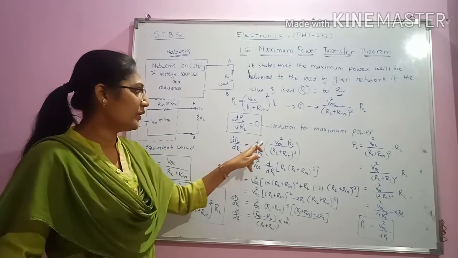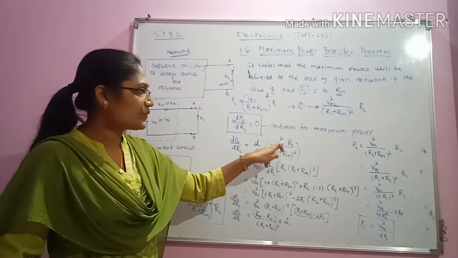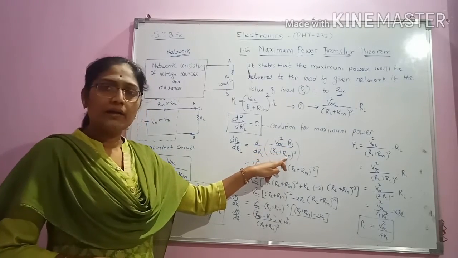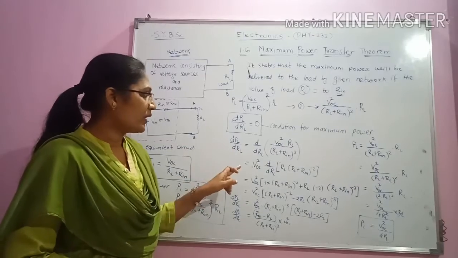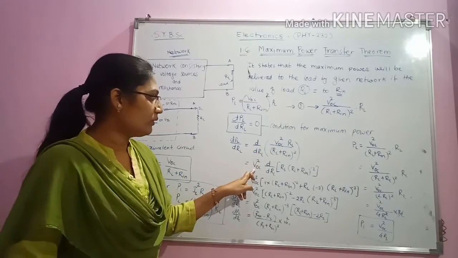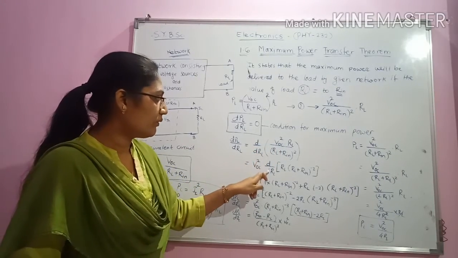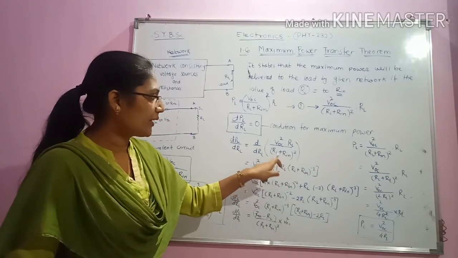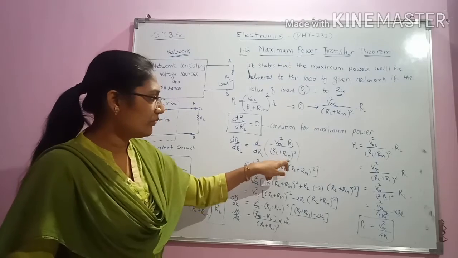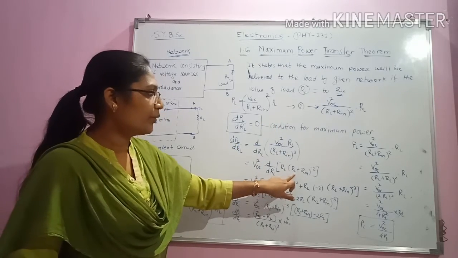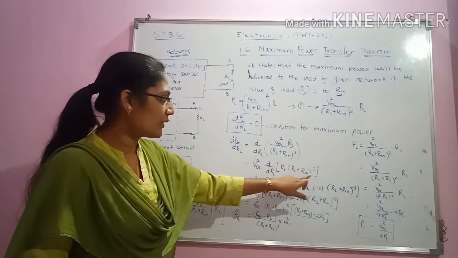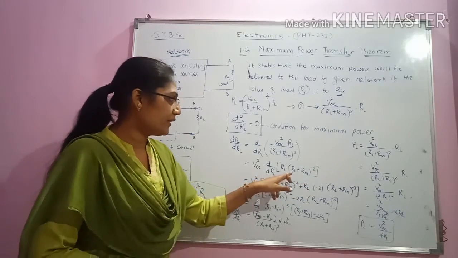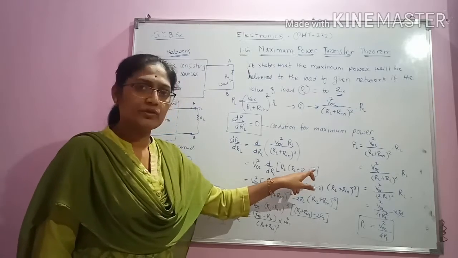is equal to d by dR_L of V_OC square into R_L divided by (R_L plus R_in) whole square. Now taking V_OC square common, d by dR_L of R_L into bracket, we have taken this term to the numerator, and it comes out as (R_L plus R_in) raised to minus 2.